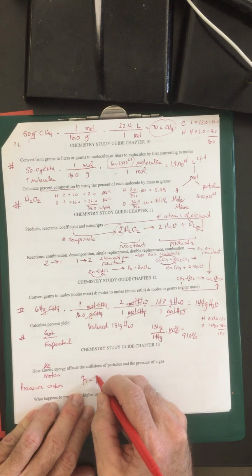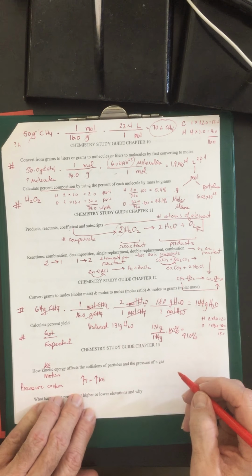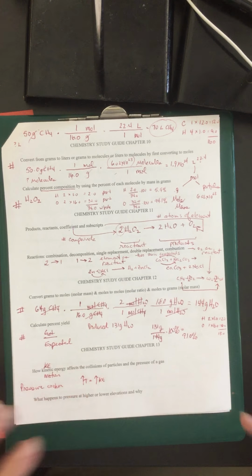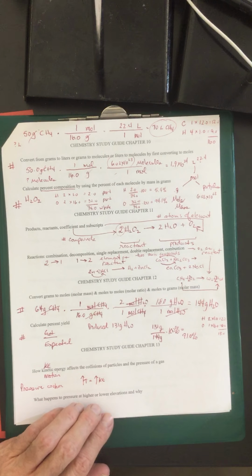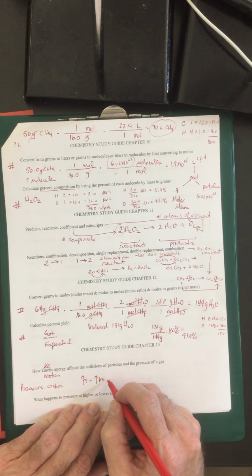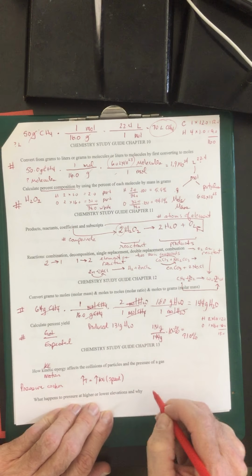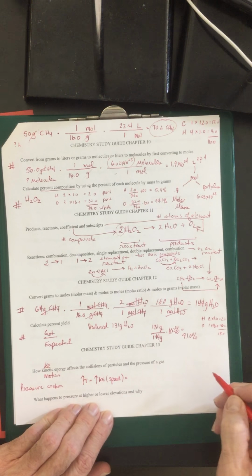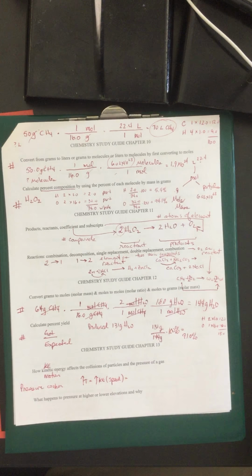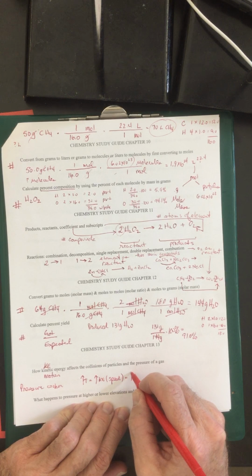What's going to happen is you're going to be increasing the kinetic energy of all the particles on the inside, so all the water particles that you're steaming with the lobster. So if you're increasing the kinetic energy, you're increasing the motion, you're increasing the speed. And if you're increasing the speed of these particles, now they're gaseous particles that are just going around on the inside of the pan, you're going to increase the collisions.